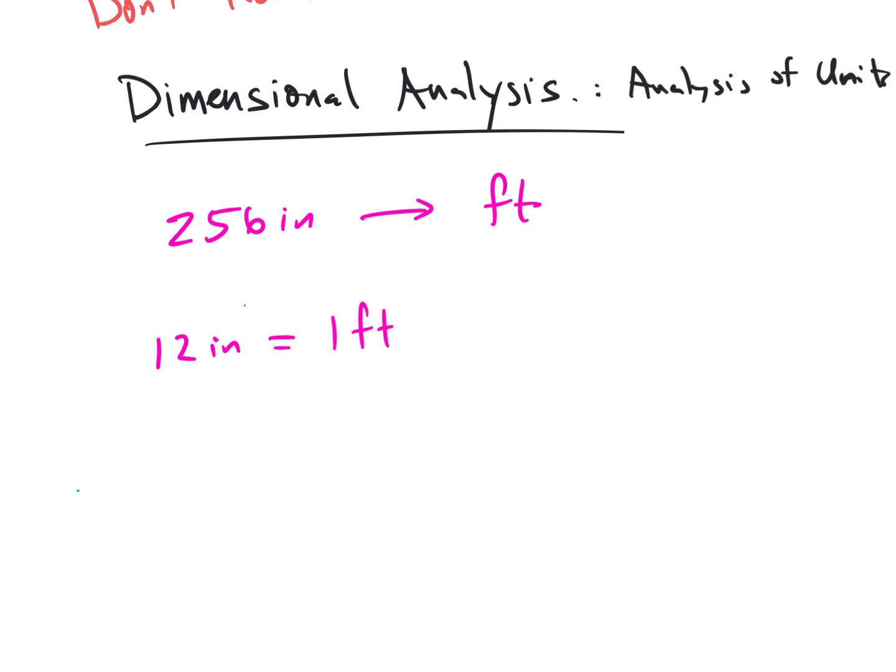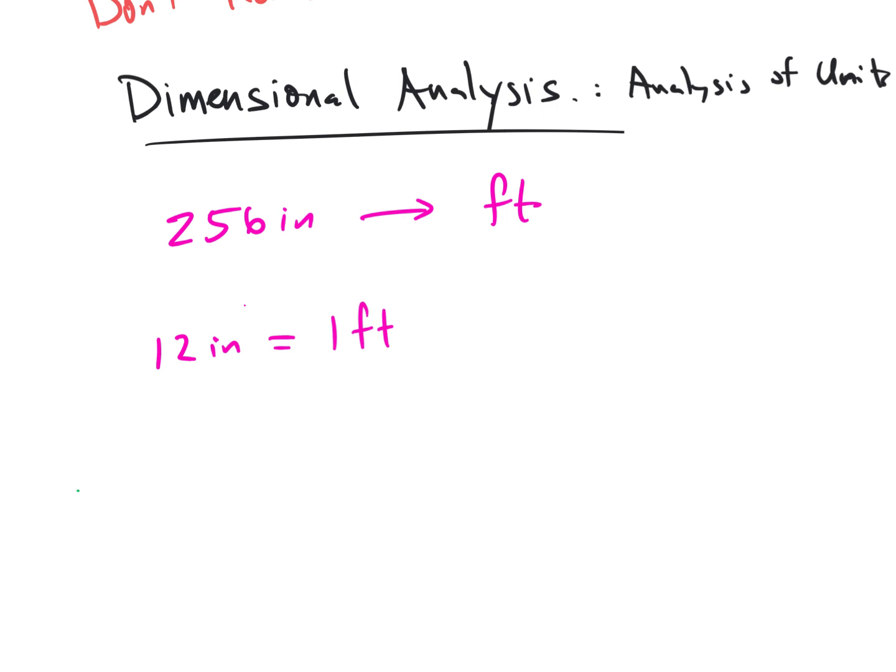Now, let's do a little bit of algebra. We okay with algebra? Is it okay to divide both sides by 12 inches? Is that okay mathematically? Why not? Because the rule of algebra says what you do to one side, you do to the other side, isn't it?